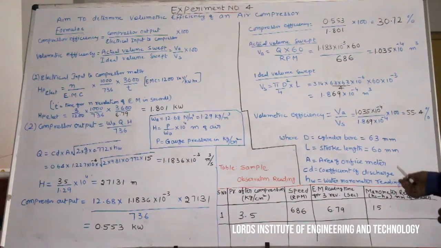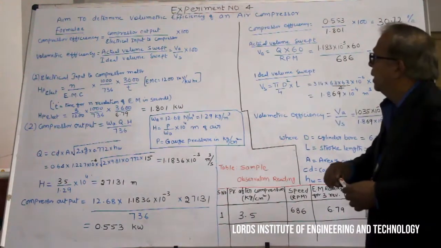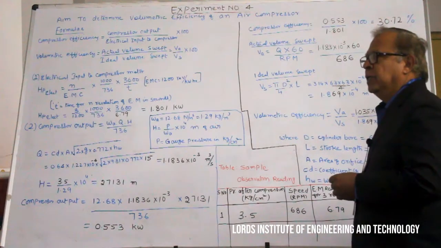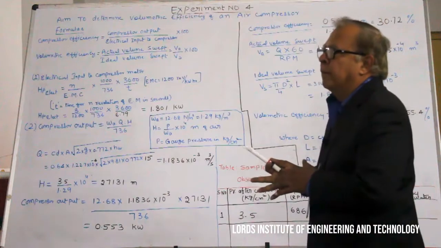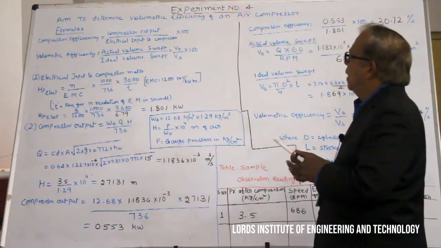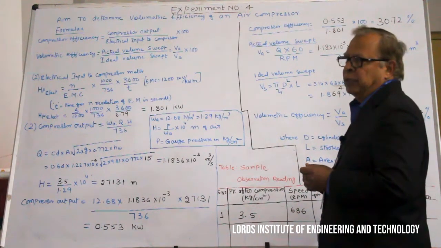Now we are putting these things in the formulas, and then we will calculate the mechanical efficiency of the compressor and then the volumetric efficiency of the compressor. As I told you, the mechanical efficiency of the compressor is given as compressor output by electrical input to the compressor, right?